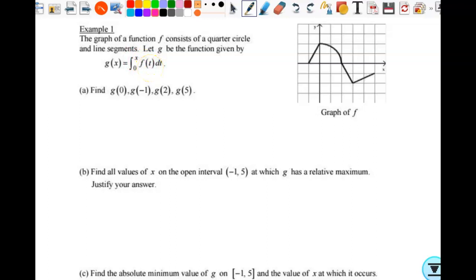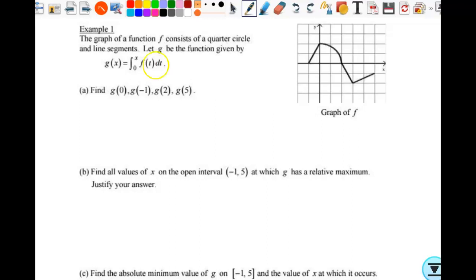So here's the graph of f. Okay, does f equal g? What does f equal as far as g is concerned? Think about that. So this is the graph of f. Is that the graph of g? Right.